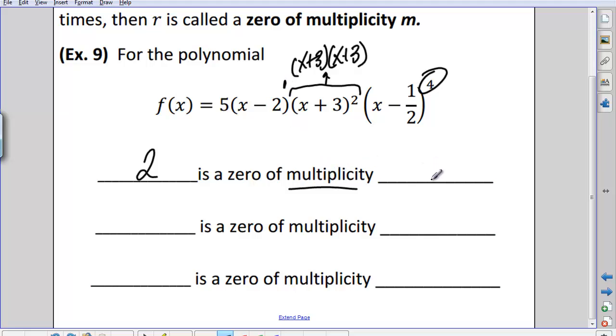So it's a 0 of multiplicity 1. x plus 3 means negative 3 is a 0. It's squared, so its multiplicity is 2. x minus a half means 1/2 is a 0. Its multiplicity is 4. So the multiplicity just refers to how many times that factor is repeated in the factored form of the function.